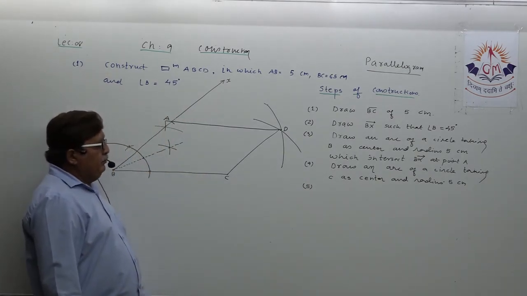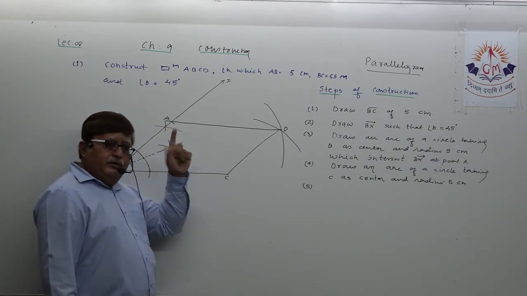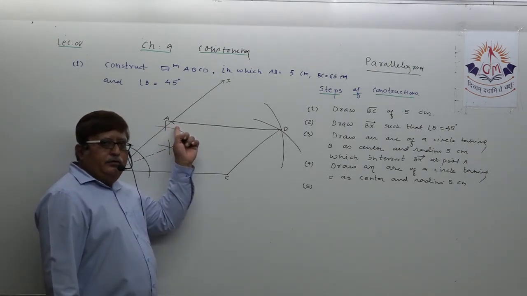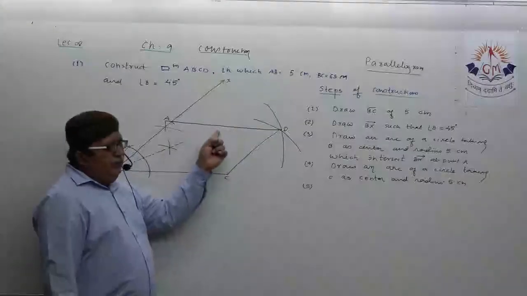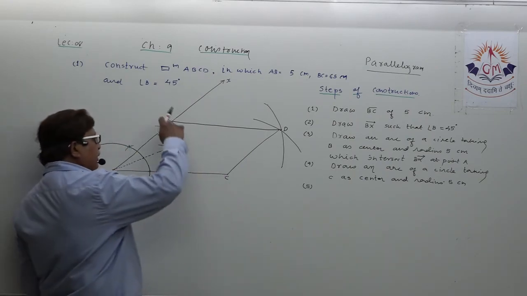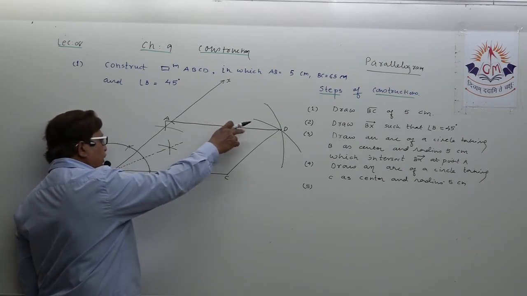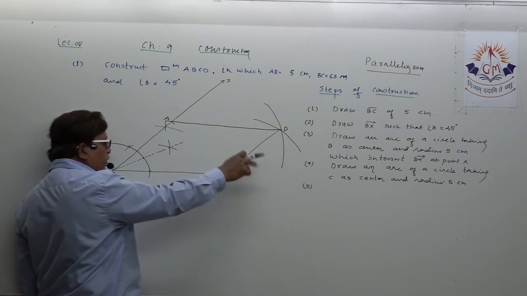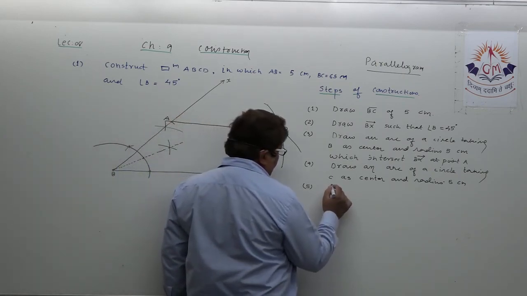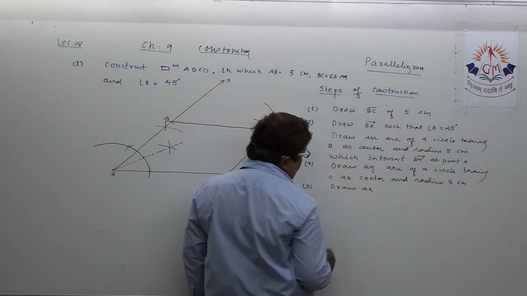Then if you want to write the fifth step, what you have done? You just try to remind what you have done. These are the steps of construction. You have taken a center. And what radius you have selected? Radius of 6.5 centimeter, and you have drawn another arc which intersects the previous arc, the arc which we have just drawn, at point D. So your step will be like this. Please write down with me.